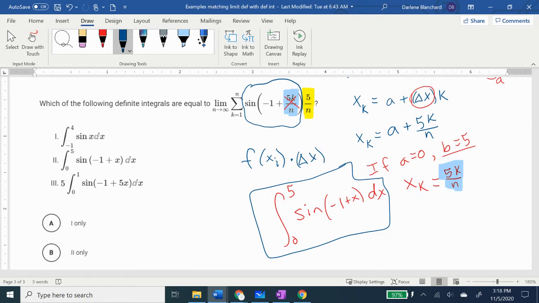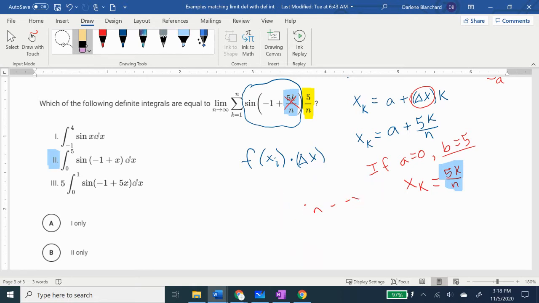And I look and I see that that is one of my possibilities. So this could be a definite integral. Now let's go back to the choice of a. So I'm going to erase, go backward.